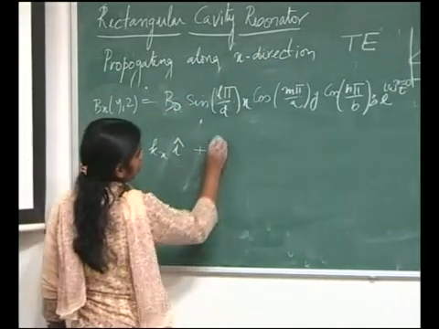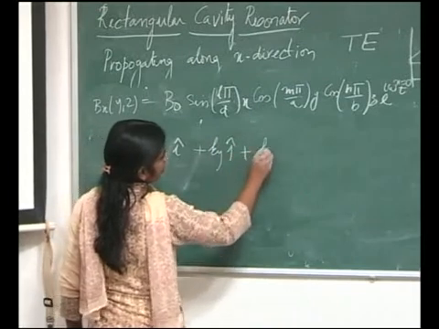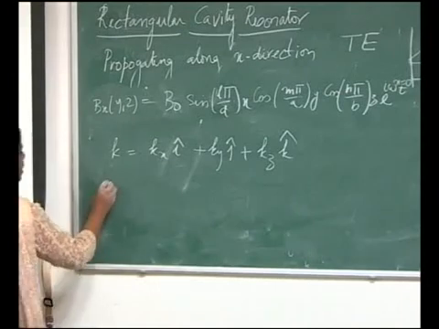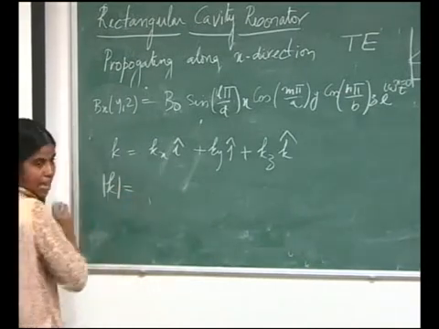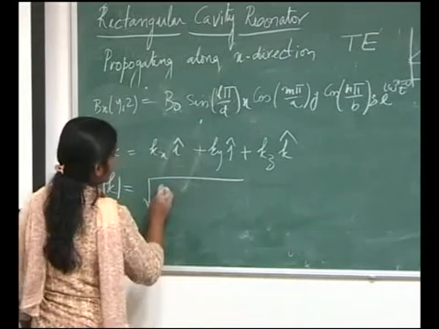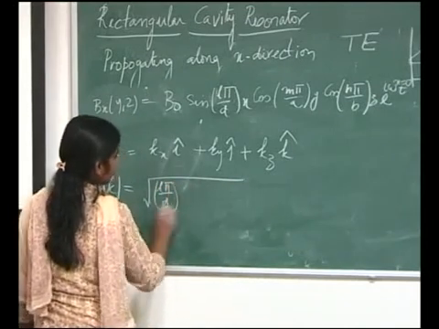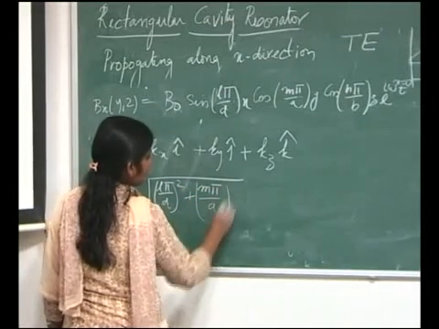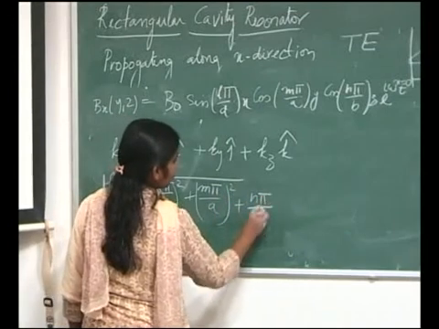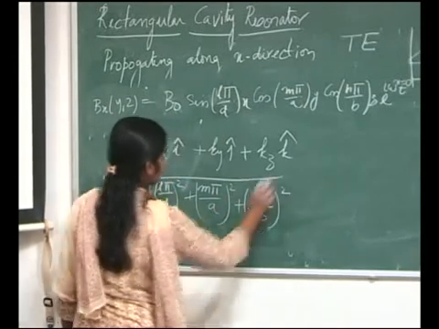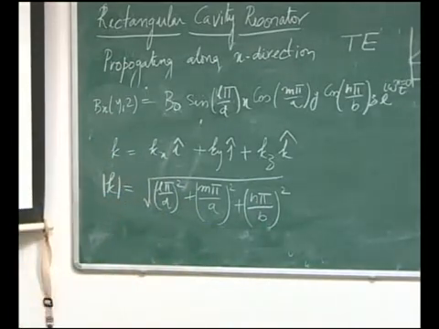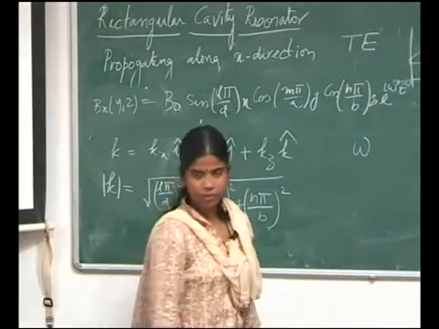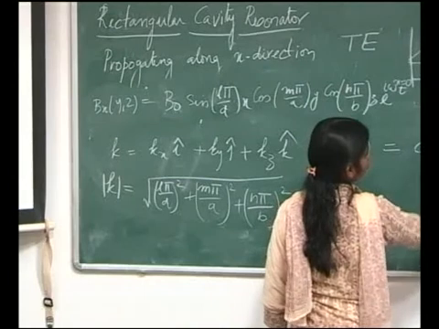So, I can write that modulus of k is equal to under root of L pi by d whole square plus m pi by a whole square plus n pi by b whole square. And I know that omega, 2 pi f, is equal to c into modulus of k.